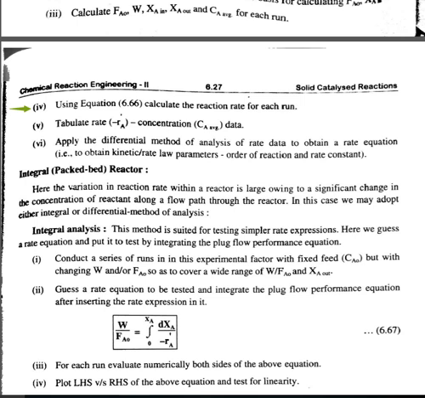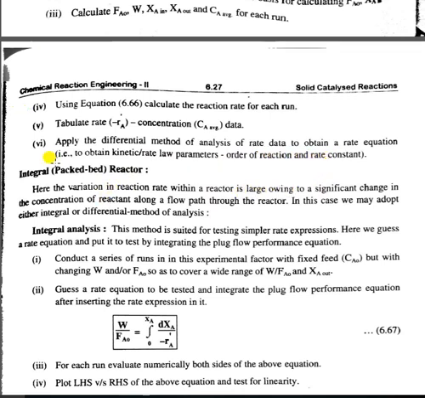Now apply the differential method of analysis to the rate data to obtain a rate equation, in other words, to obtain the kinetic rate law parameters: order of reaction and rate constant.